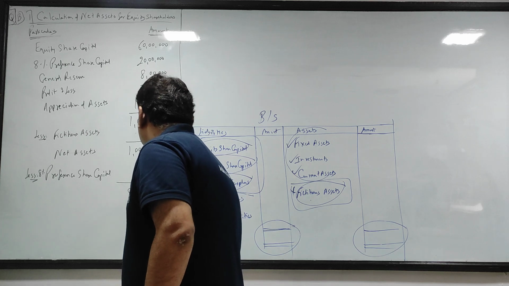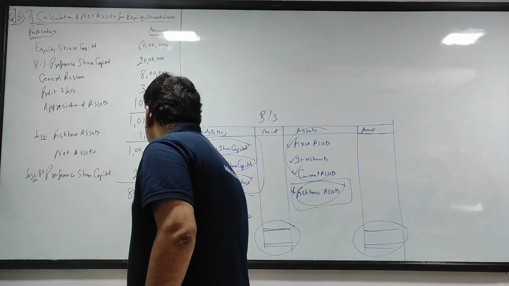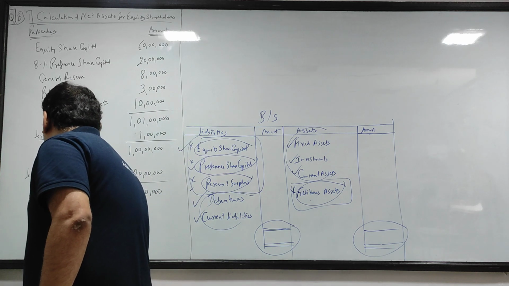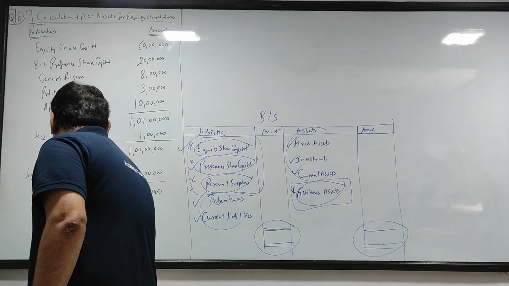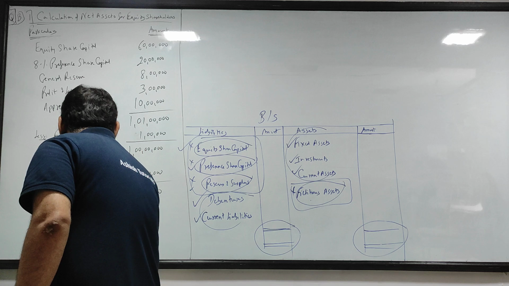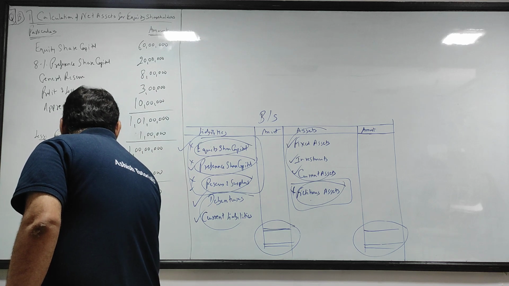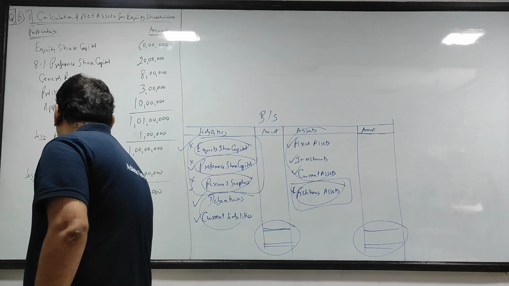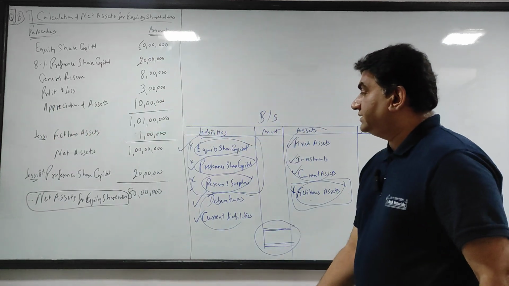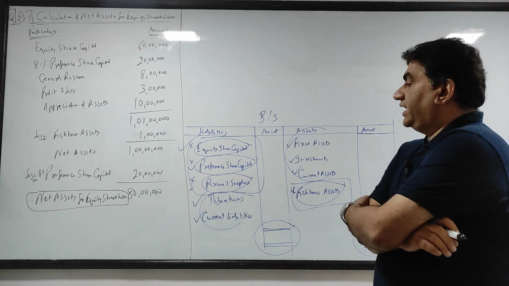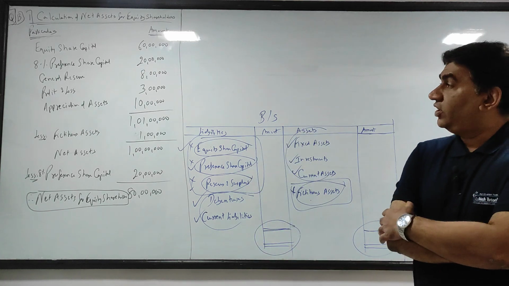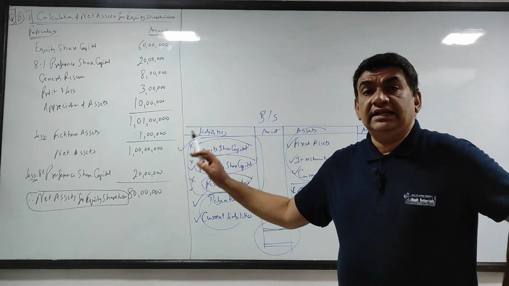So 1 crore minus 20 lakhs gives you 80 lakhs, and this 80 lakhs becomes my net assets for equity shareholders. This is your net assets for equity shareholders. Clear with this guys? Got it? So this was another way.